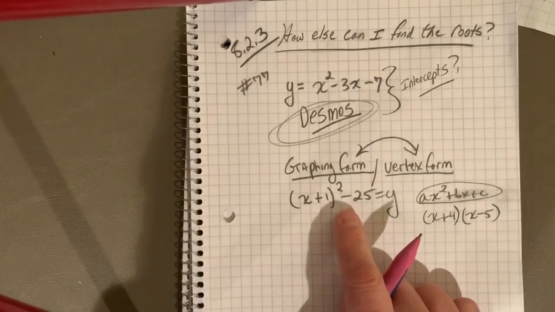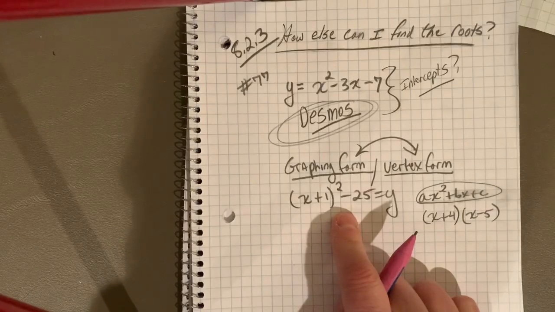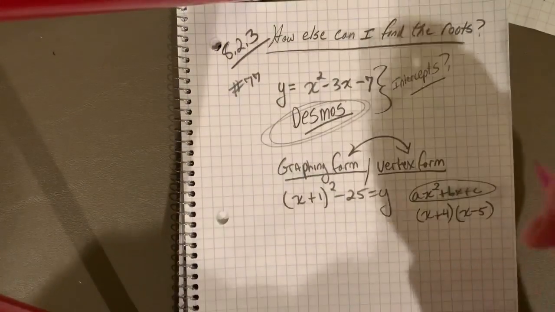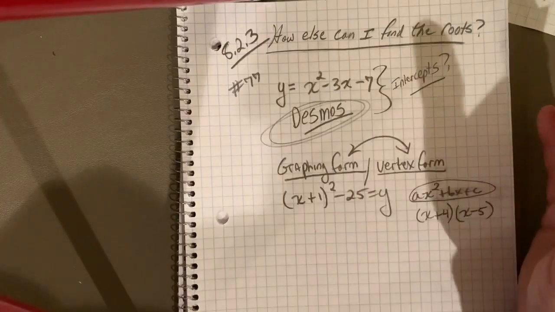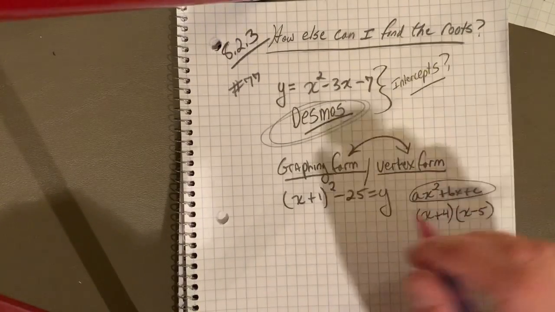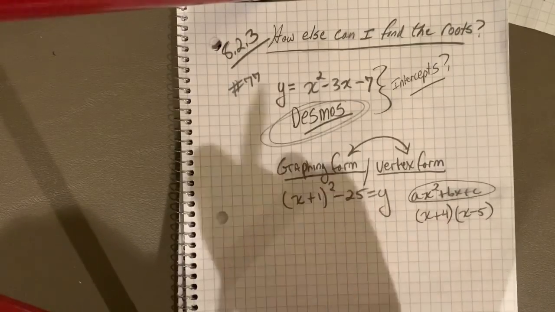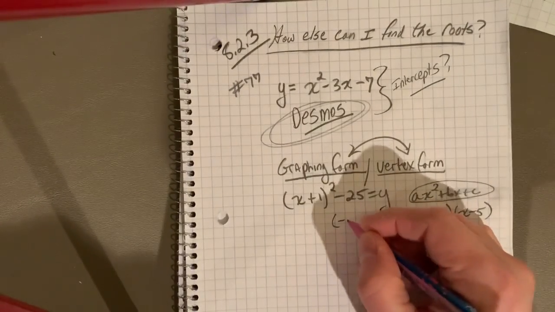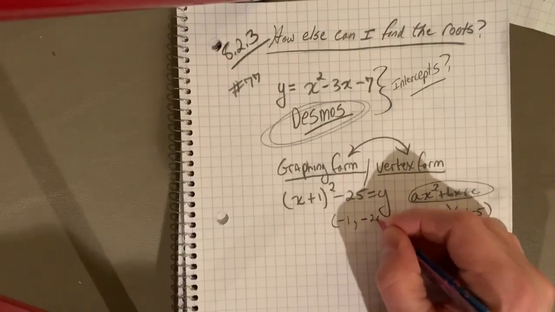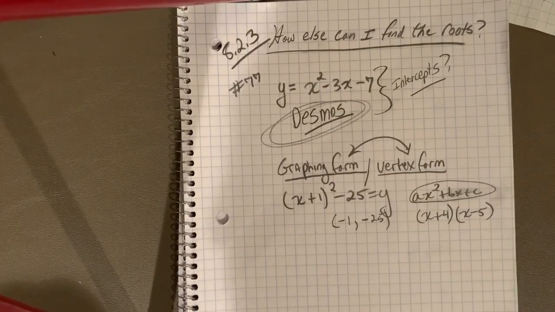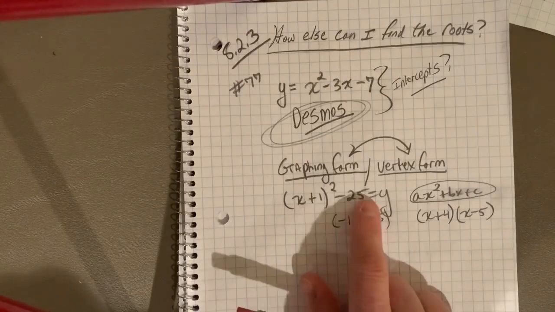But here, the big advantage of having something in graphing form is that you can see the vertex immediately, and then you can solve for it. So right now, I can look at this and say, I know what the vertex is. The vertex to this is -1, -25. When something is in graphing form, the vertex is right there in front of you.